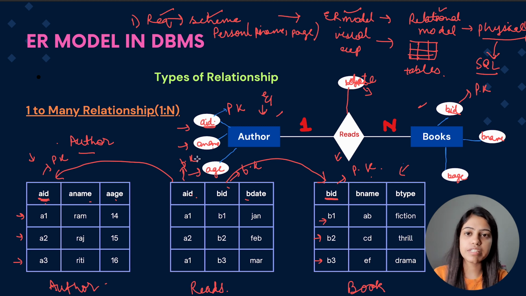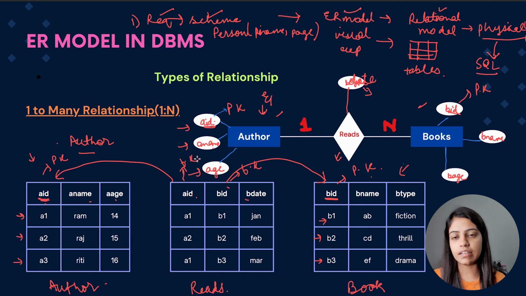Foreign key is a key which takes reference from primary key of another table, basically establishes a relationship between two tables. So foreign key is establishing a relationship. So in the relationship table, that is reads table, I am taking a foreign key which is directly pointing towards the primary key of the author table, and then BID is a foreign key which is directly pointing towards the primary key of the book table. So basically they are establishing a relationship.